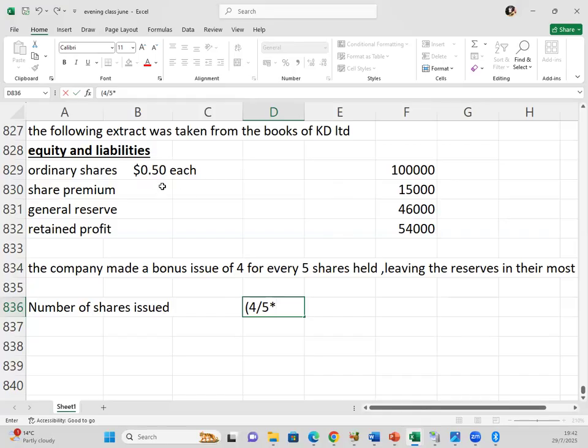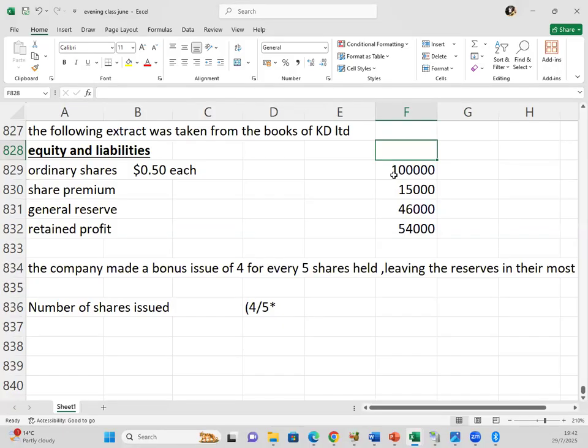Each share is 50 cents, and the shares have a value of 100,000. By the way, 100,000 is not the number of shares, it's the value of the shares. So if each share is 50 cents, how many shares do you need to get 100,000? You divide. It's 200,000, because 200,000 times 50 cents gives 100,000.